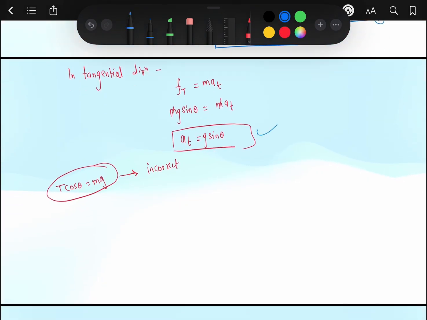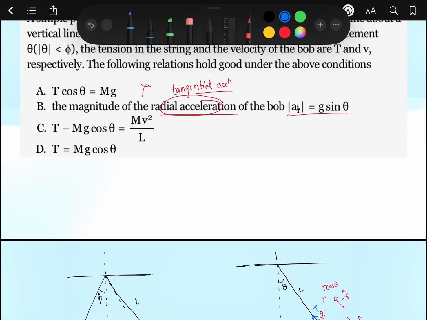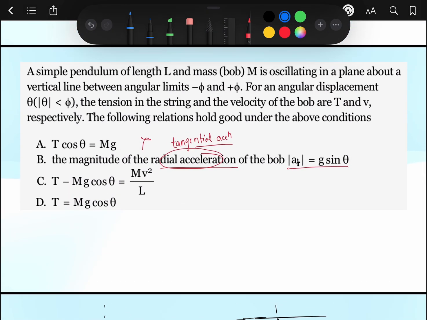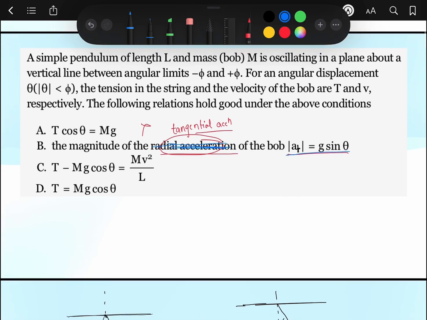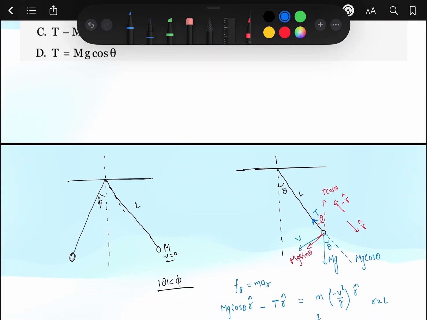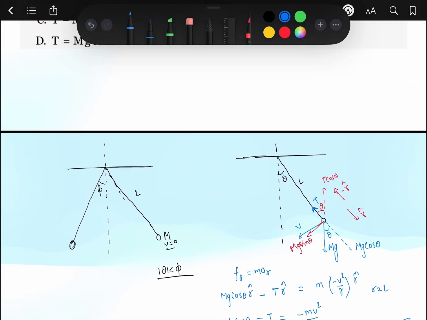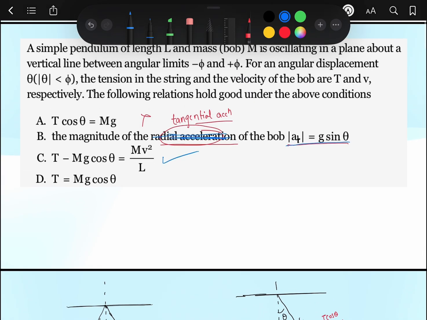So if I think about the situation, there is an incorrect option here. It should be tangential acceleration, and the value of this tangential acceleration will be equal to g sin theta. Now coming to the C equation, that is T minus mg cos theta will be equal to m v square by L. Here is our equation number 1, as we have calculated. T minus mg cos theta is equal to m v square by L. So this equation is also correct here.